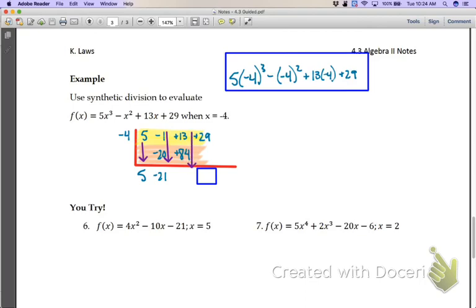I'm going to add straight down here and get 97. And then I'm going to multiply 97 and negative 4 and get a negative 388.